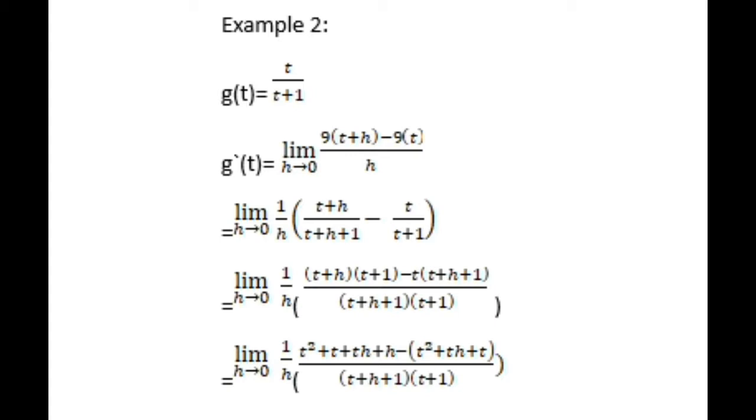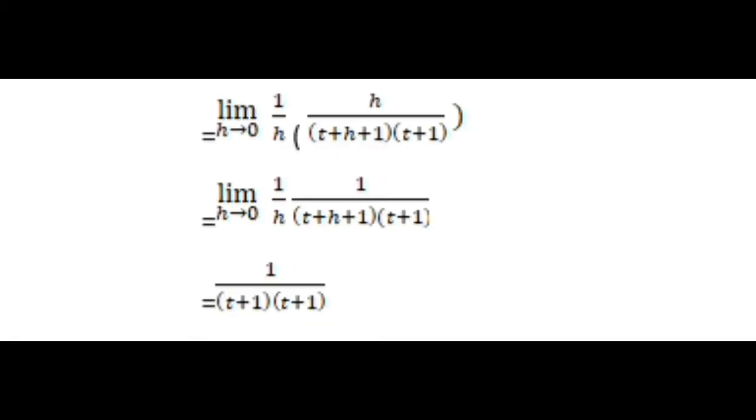Next, as with the first example, after the simplification, we only have an h left in the numerator, so we can now cancel an h out. So, upon canceling h, we can evaluate the limit of the derivative, which is the limit of 1 over the quantity t plus h plus 1 times t plus 1 as h approaches 0.